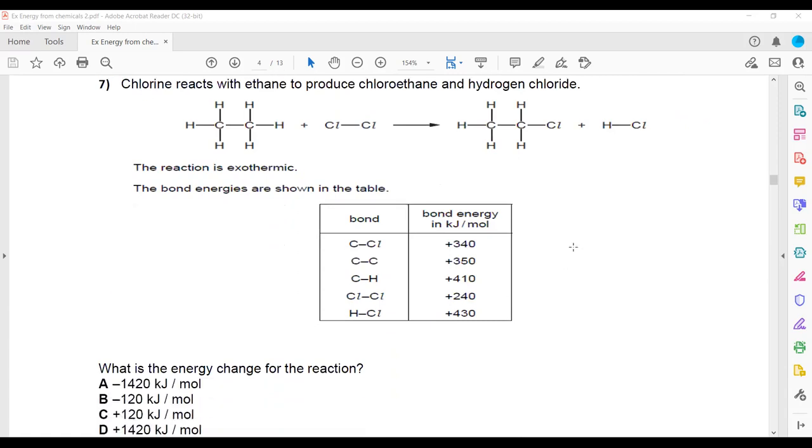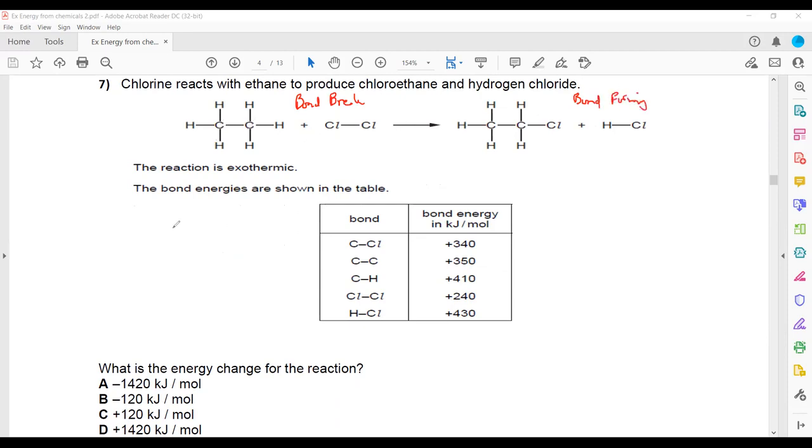Another question. The question is, what is the energy change for this reaction? There's also a simple way you can write the numbers. The reactant side is the bond breaking side, and this is the bond forming.